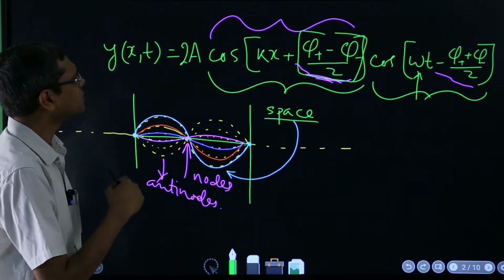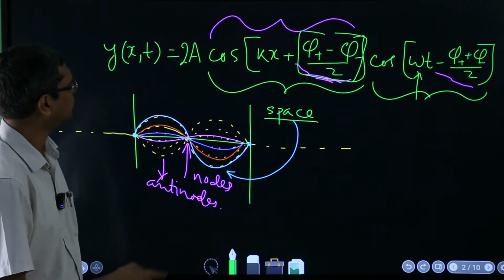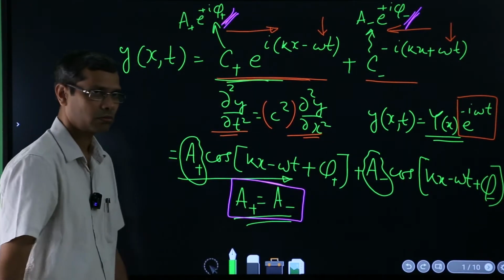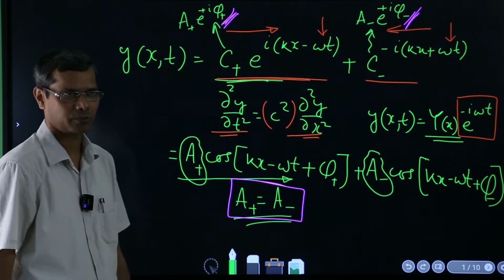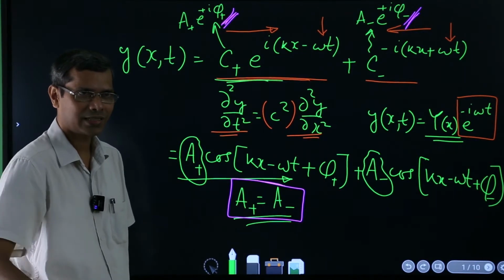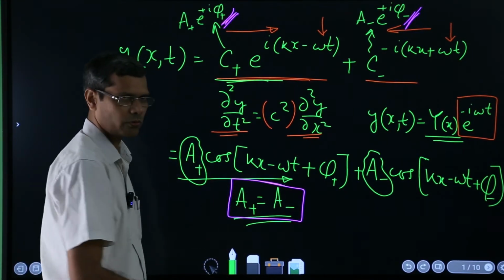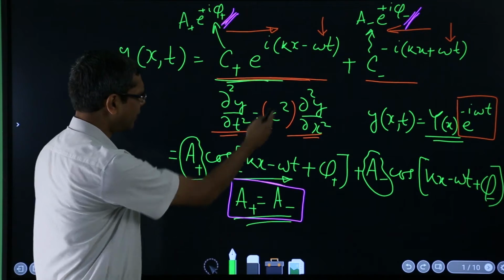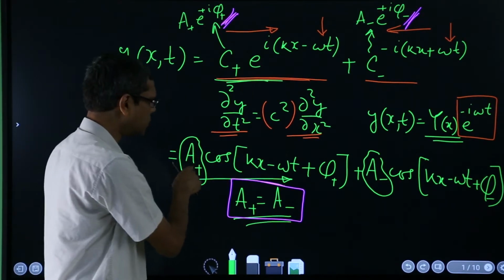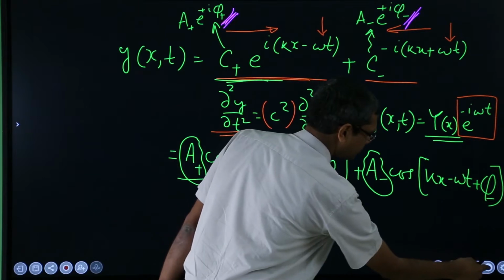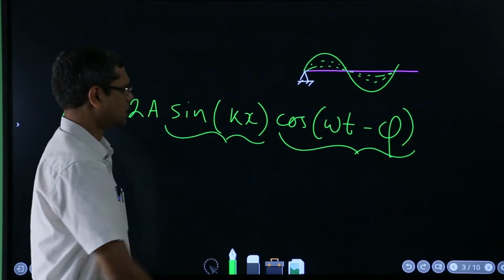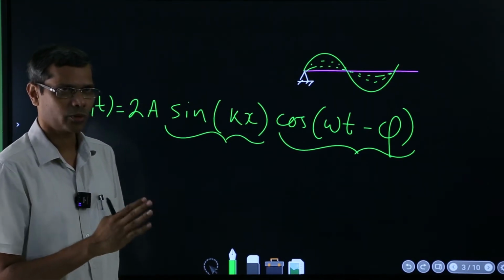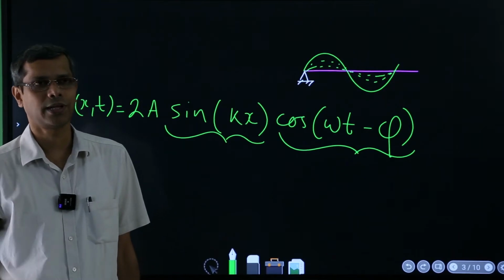But then there was also no limitation on the ratio of a plus to a minus when an infinite string was there. In the case of an infinite string, there was no restriction. We imposed the restriction just to see what happens in a particular case, but the wave doesn't impose any restriction on the ratio of a plus to a minus. But as soon as you put this boundary condition, a single one, that restriction has come into the picture. Now the ratio cannot be any arbitrary value, it has to be 1.